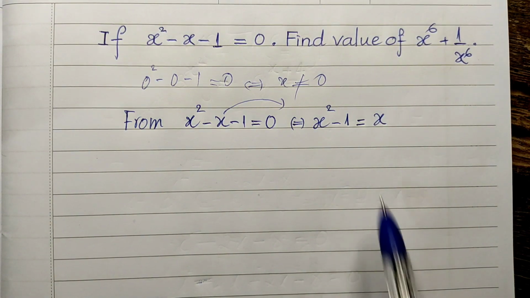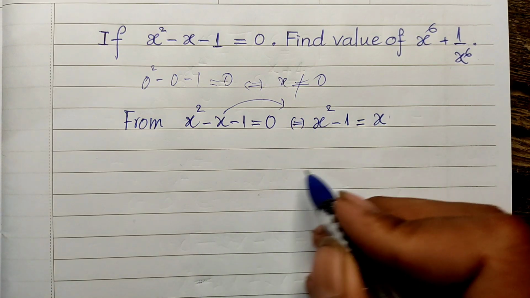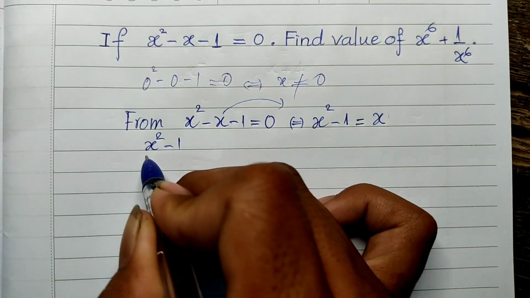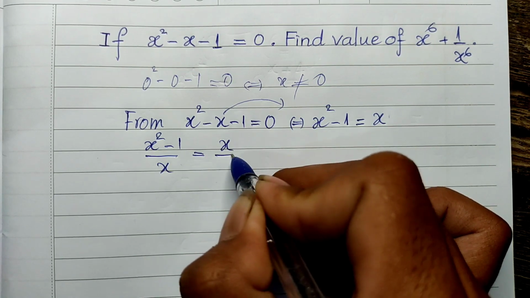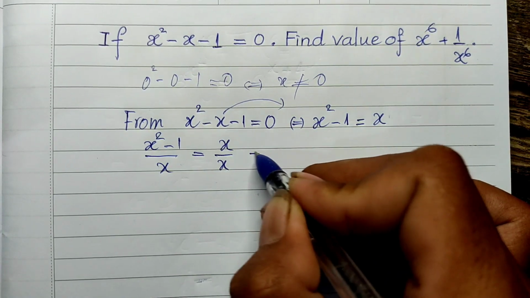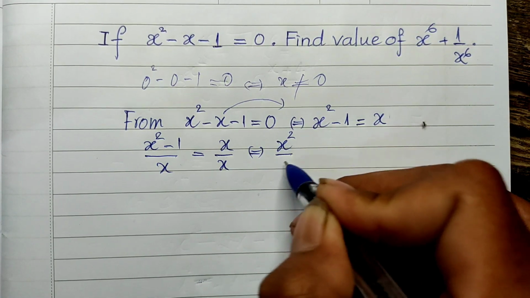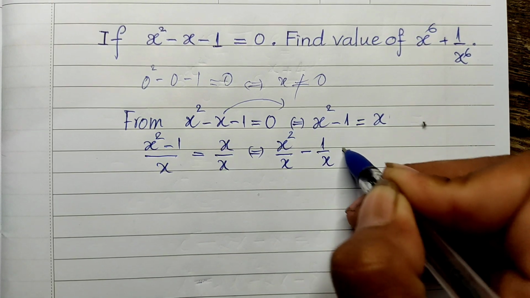Now I divide both sides of this equation by x. So I get x squared divided by x minus 1 divided by x equals x divided by x, and we get x minus 1 divided by x equals 1.